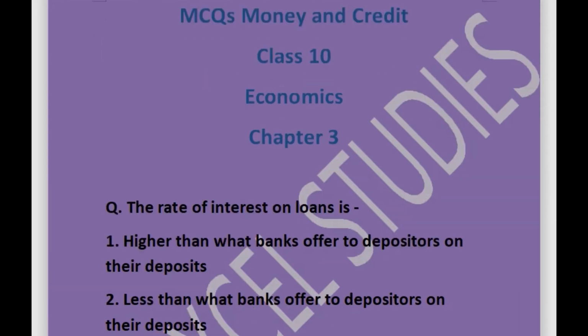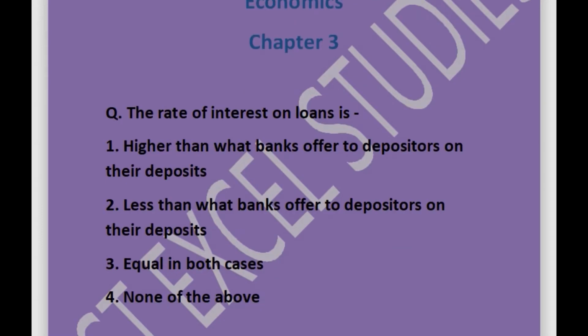Our first question is, the rate of interest on loans is. Options are: higher than what banks offer to depositors on their deposits, or less than what banks offer to depositors on their deposits, or equal in both cases, or none of the above.